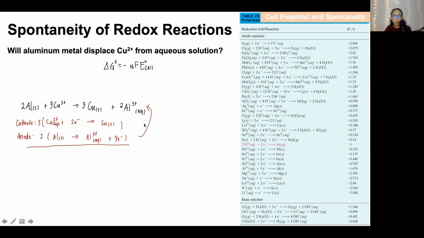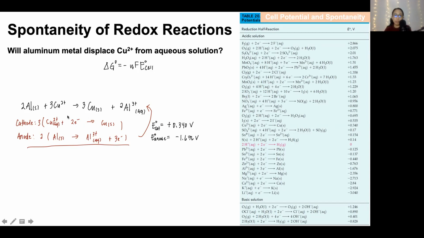Okay, so for our cathode, the standard reduction potential is, so that's copper 2+, right? That's positive 0.340. And for our anode, that would be aluminum, which is negative 1.676.